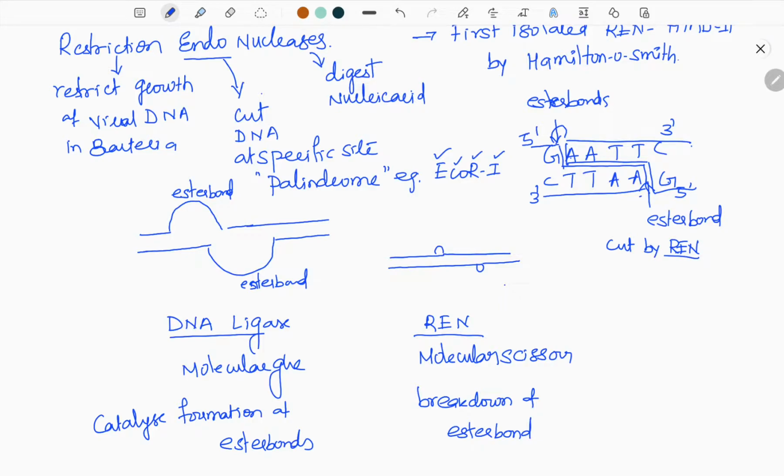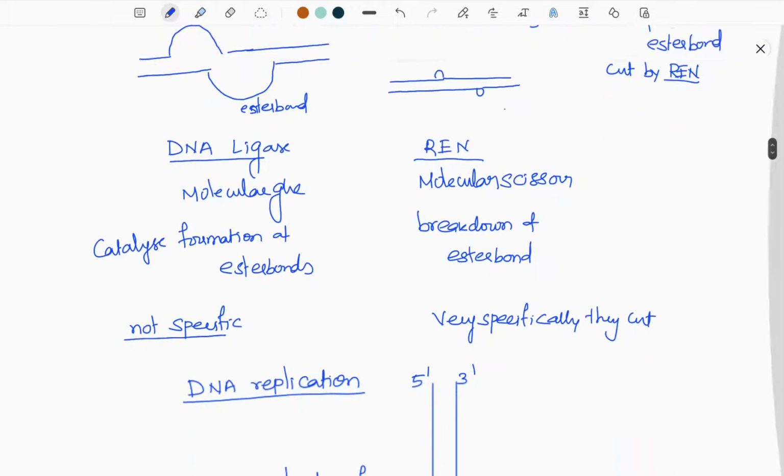So remember always, a DNA ligase will unite one fragment with another fragment of the same DNA strand. It does not unite one strand with another strand. It unites one fragment of one strand with another fragment of the same strand.